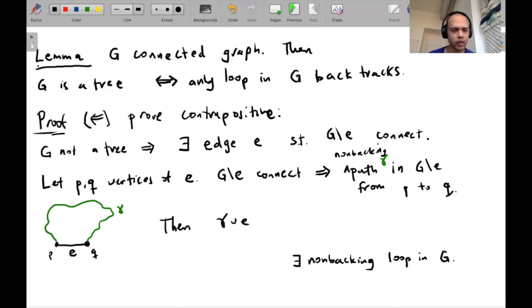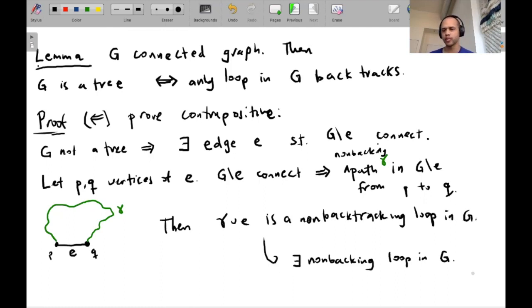Gamma union E, look, we just found a non-backtracking loop in G. Which is this statement. So that's the lemma. This is a useful characterization of what it means to be a tree. Trees don't have any loops.